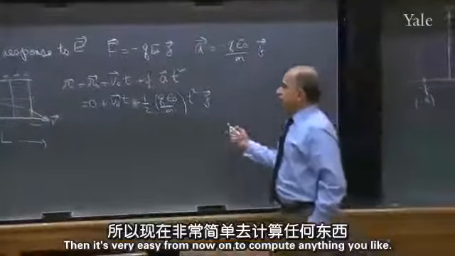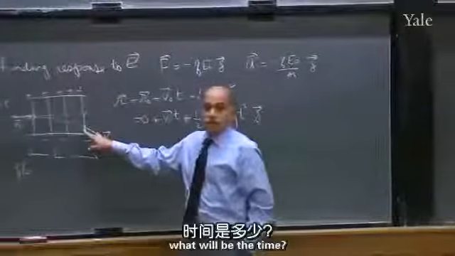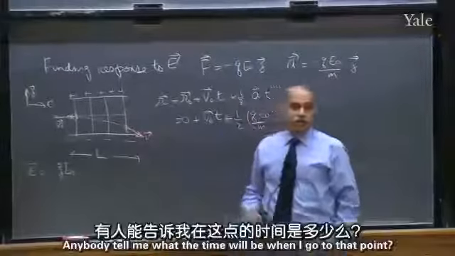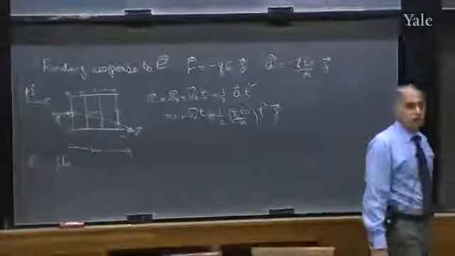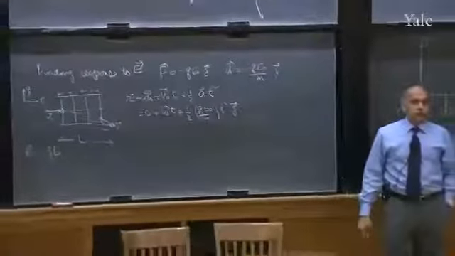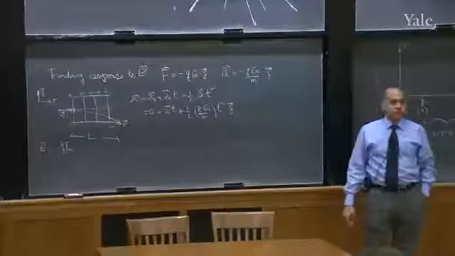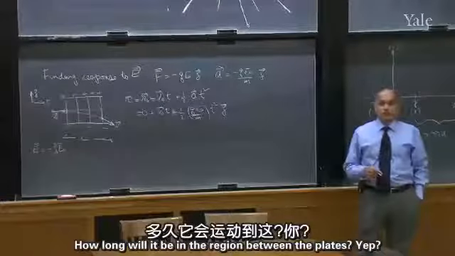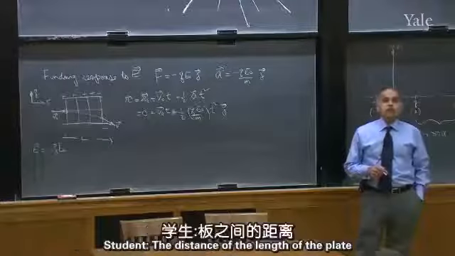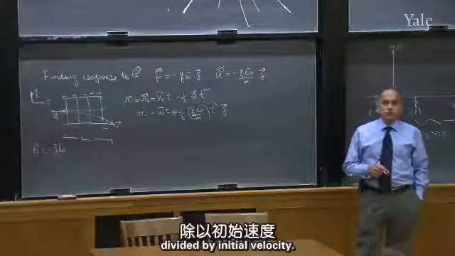Then it's very easy from now on to compute anything you like. For example, when you want to go to that point, what will be the time? Anybody tell me what the time will be? How long will it be in the region between the plates? Yep. The length of the plate divided by the initial velocity.